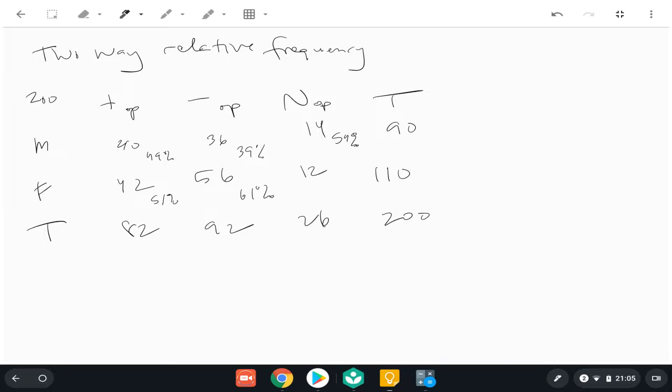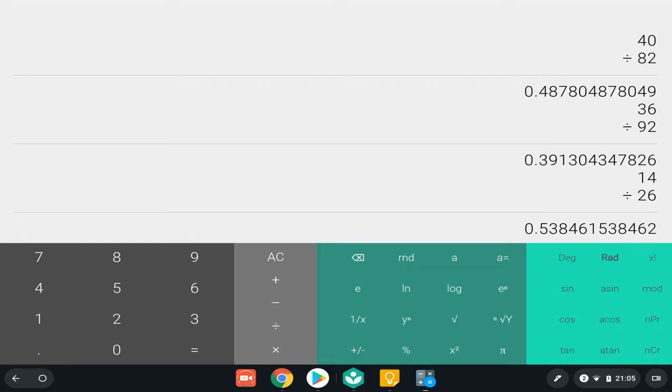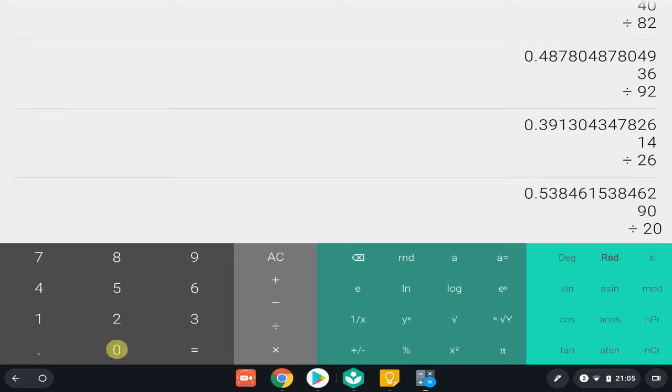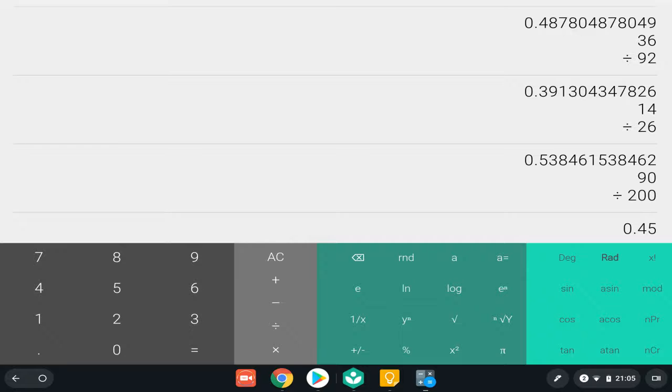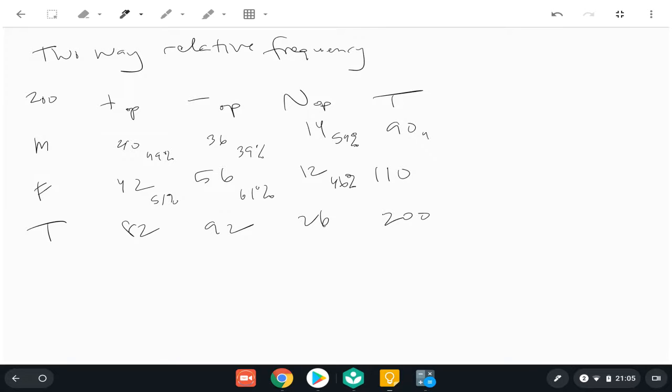And this becomes 46%. 90 divided by 200 equals 45%. I should do some of it without a calculator, but whatever.